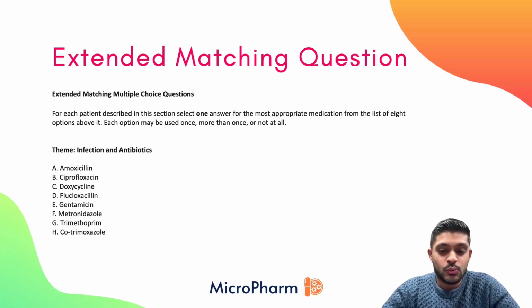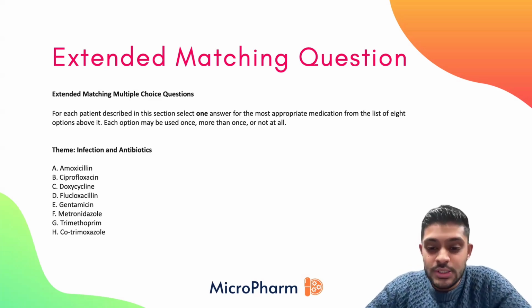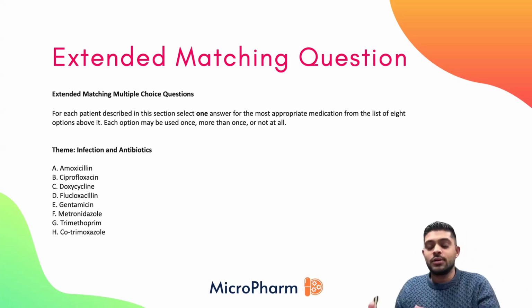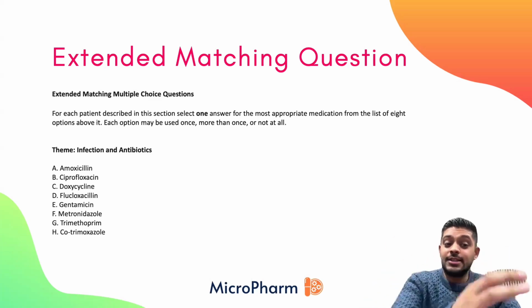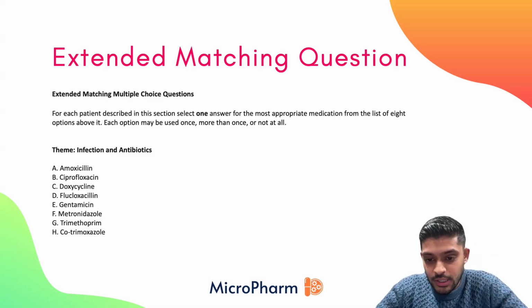So there's no reason for you to feel every single option has to be selected, or to think that one option can't be correct more than once. Then leading on from this main body of the question, you will have several questions related to these 8 options. So we're going to start working through these questions, and if you haven't been through these types of questions before, you'll understand what I mean in terms of selecting the options.